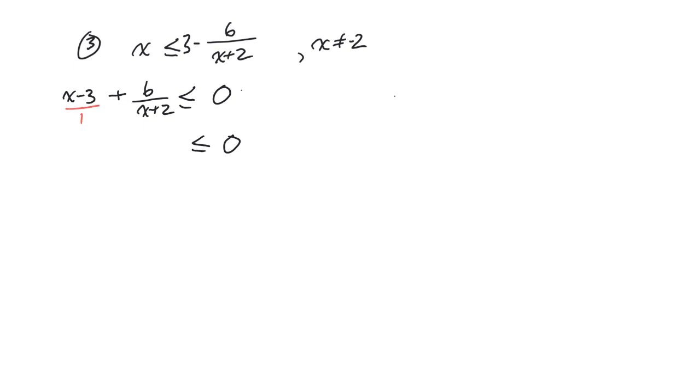So we got x minus 3 over 1 plus 6 over x plus 2. So we're going to multiply the top and bottom of the x minus 3 over 1 by x plus 2. So we're going to have x minus 3 over 1 times x plus 2 over x plus 2 plus 6 over x plus 2.